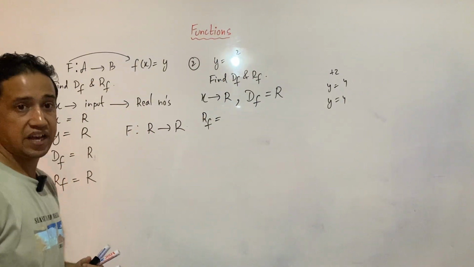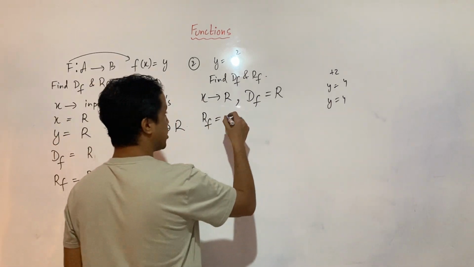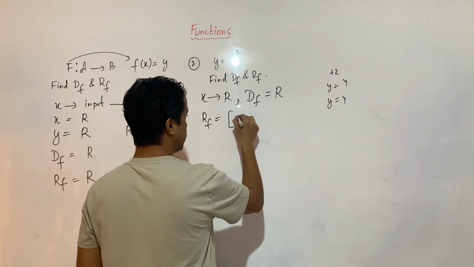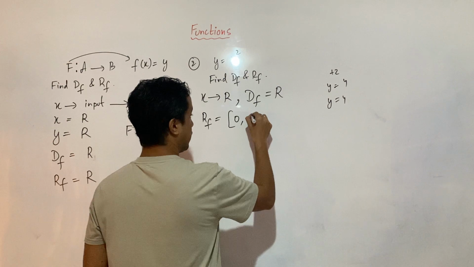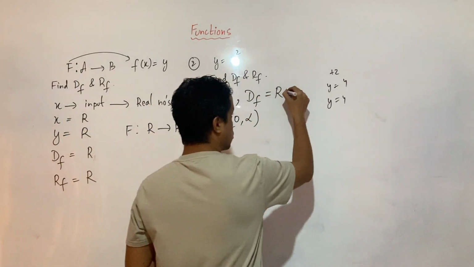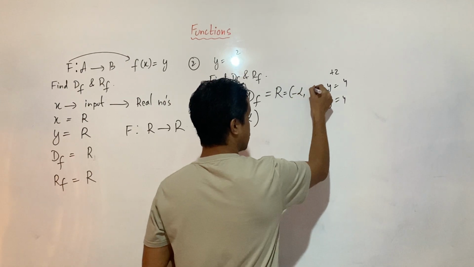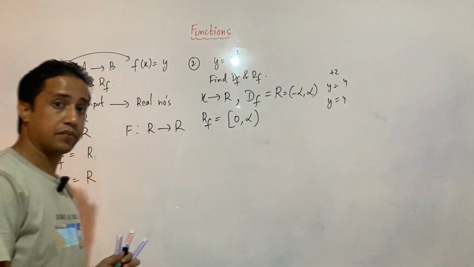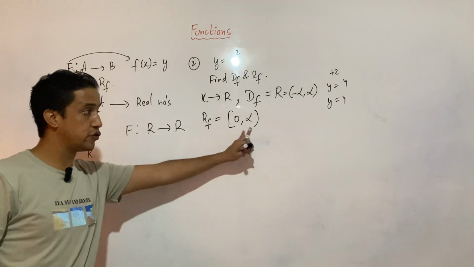So what does it mean? It means that your range is going to be 0 to infinity, and your domain is going to be minus infinity to infinity, right? Why 0 to infinity?